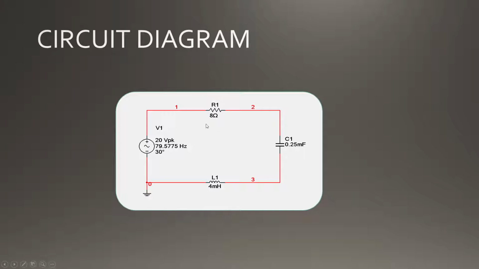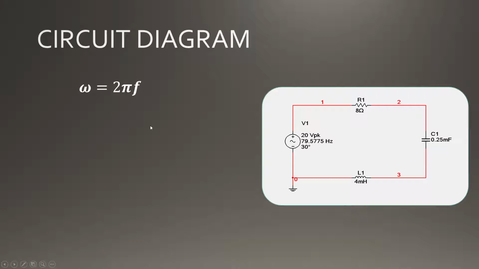Here we have a resistor of 8 ohm, a capacitor of 0.25 millifarad, an inductor of 4 millihenry, and the voltage source is 20 V peak with a frequency of 79.5775 hertz and a phase shift of 30 degrees. We convert this frequency into omega by multiplying 2 pi by 79.5775, and we get omega, which is 500.